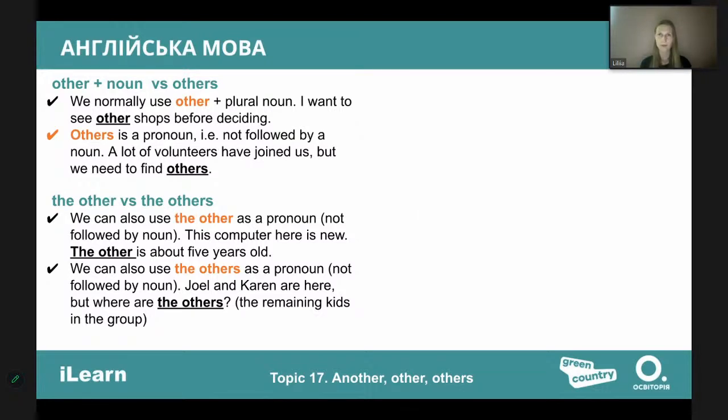For example, I have two brothers. One is here next to me, the other is playing football right now. So, той інший, because I have only two brothers, and it's obvious which one would be the other, right? The others is just the same, but if you don't use the word brother afterwards.